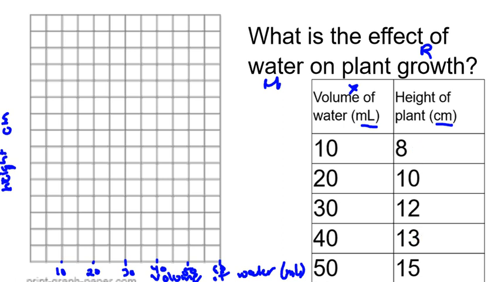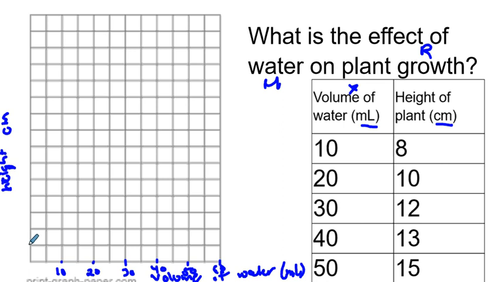So now I might want to choose a smaller scale since I have a much smaller range of numbers. So perhaps we want each square to represent 1 centimeter. So you would just want to double check that we have enough to go from 0 to 15. So 0, 1, 2, 3, 4, 5, 6, 7, 8, 9, 10, 11, 12, 13, 14, 15.